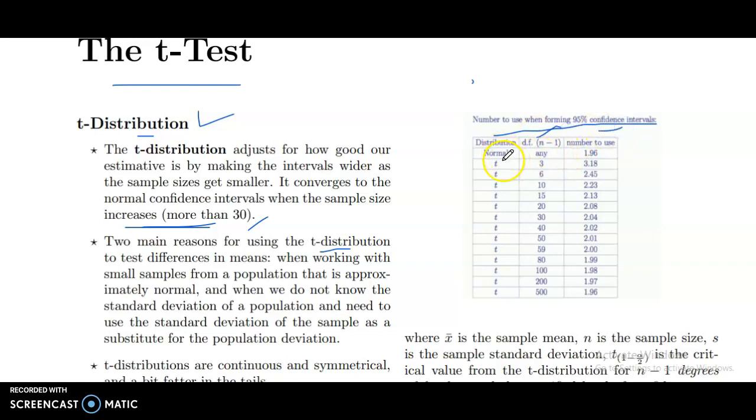The number to use for the normal is 1.96 for any n. For the t distribution, n minus 1 of 3, 6, 10, 15, 20, 30, 40, 50, 59, 80, 100, 200, 500 gives numbers to use of 3.18, 2.4, 2.23, 2.13, 2.08, 2.04, 2.02, 2.01, 2, 1.98, 1.96 and so on.